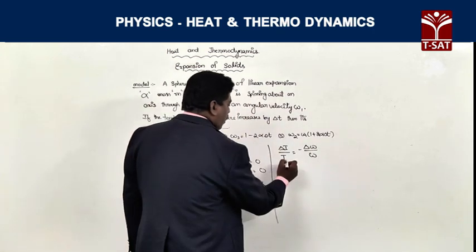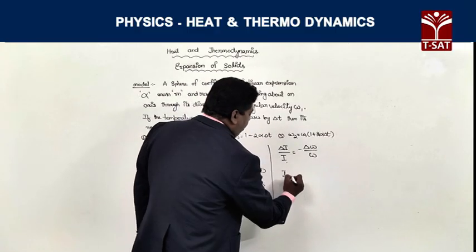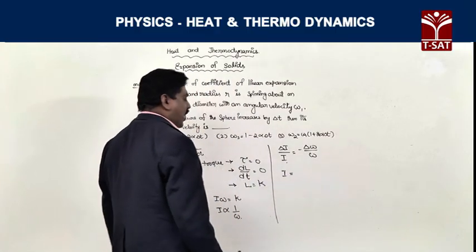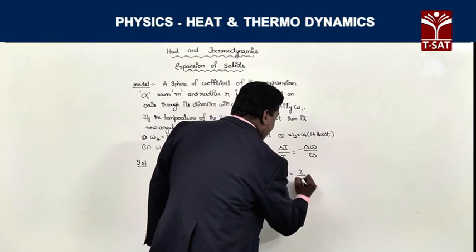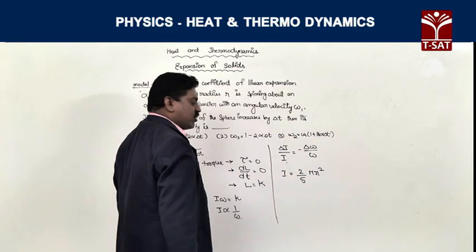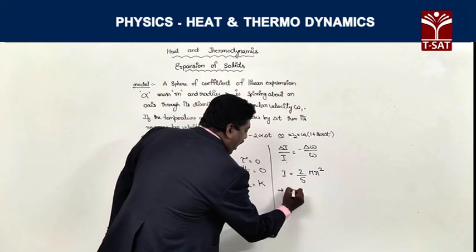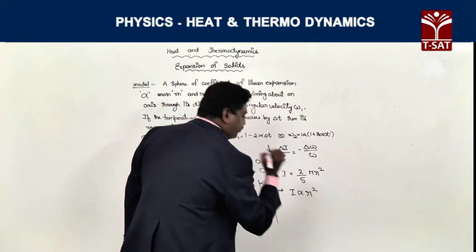Okay, fine. Now, for a given sphere, the moment of inertia about a diameter is given as 2 by 5 m r square. As 2 by 5 is a constant, m is also a constant, we have I proportional to r square.